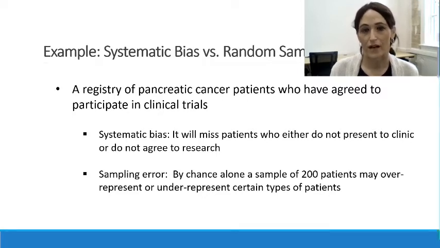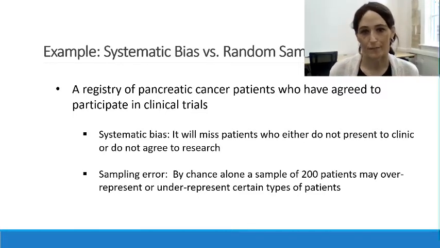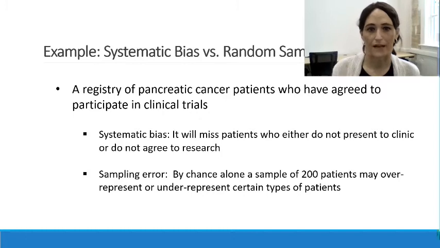It's a very fast course disease. There are people who will never report. They may never have the opportunity to be a part of a registry. So we're going to maybe have a slightly skewed population as far as who's in our sample. That's systematic. That's how we went about drawing the sample, and that's going to introduce a certain amount of bias.